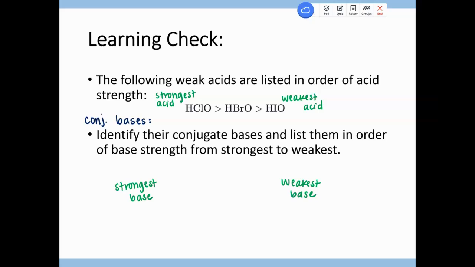When you're drawing out conjugate bases, don't forget the charge that the base has. It's losing an H+.